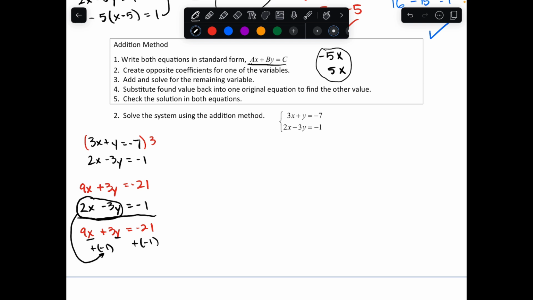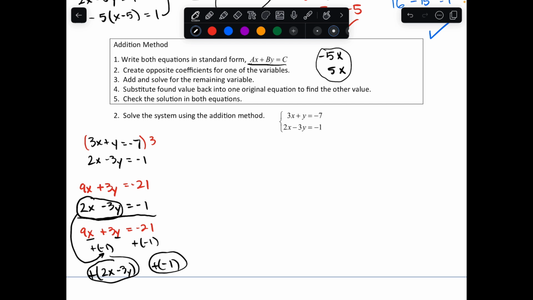This then becomes plus 2x minus 3y and plus negative 1. So, when I'm actually adding the two equations together, even though it looks like I'm adding things that are different to both sides, they're actually equal to each other. So I'm still doing the same thing to both sides. It's a legal move and I'm allowed to do it. So let's actually add these together now.